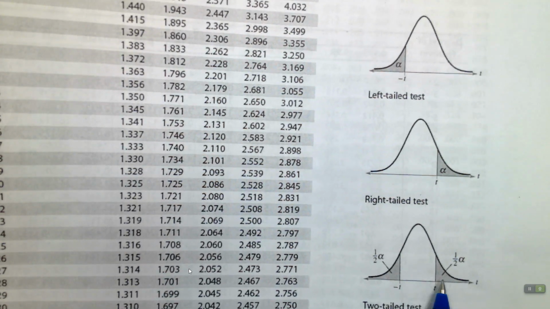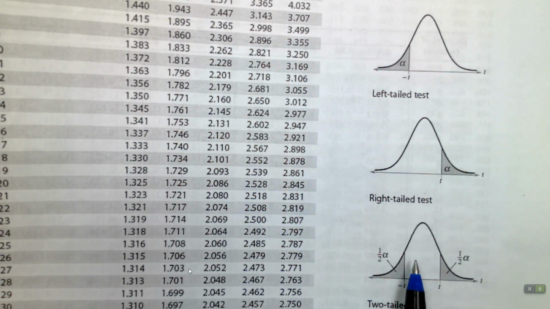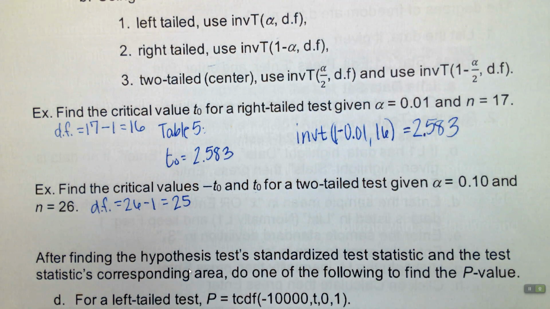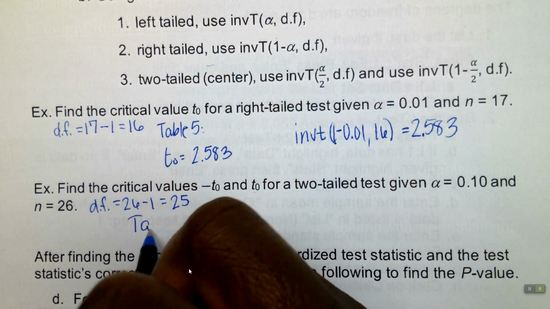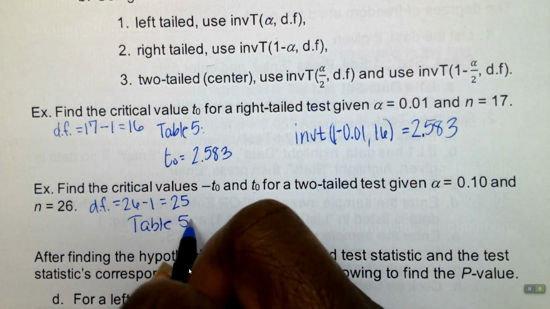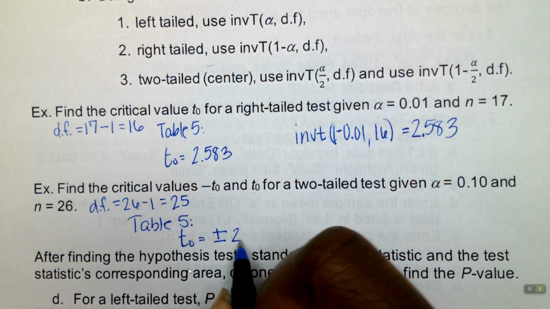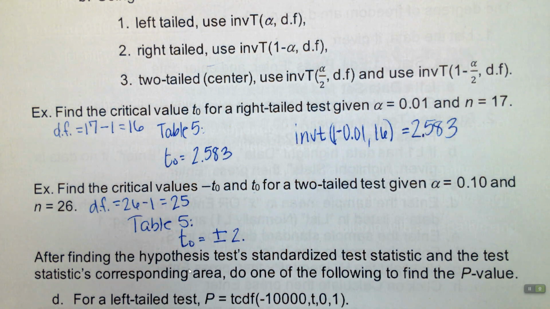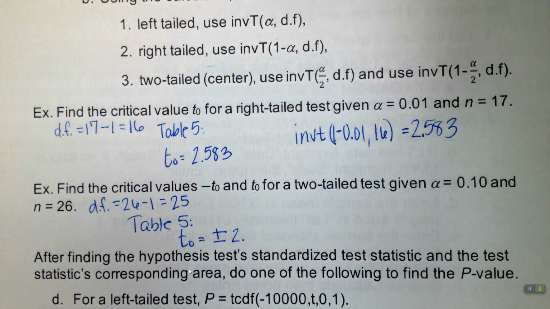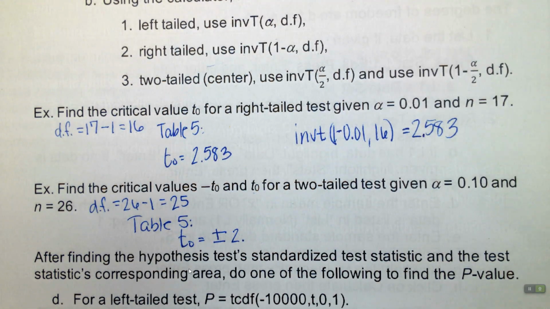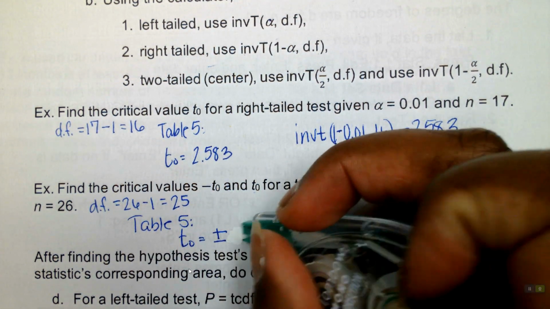And then don't forget, this tells you on the side what your sign should be. So I need a positive and a negative. Table 5 only gave me 1 number, but according to that picture, I need both sides. I'm about to write the last problem.